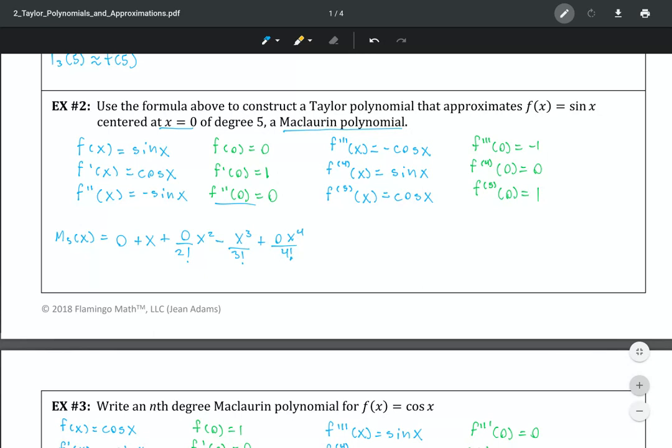And then plus 1 times x to the 5th over 5 factorial. Obviously I don't have to write the 0, so I can simplify this if I just write it as x minus x cubed over 3 factorial plus x to the 5th over 5 factorial. So this is the answer right here.